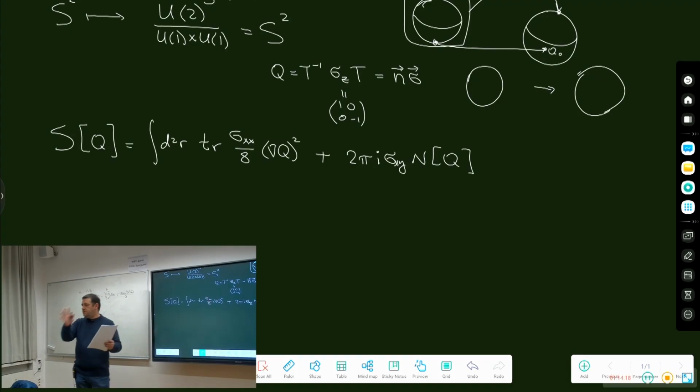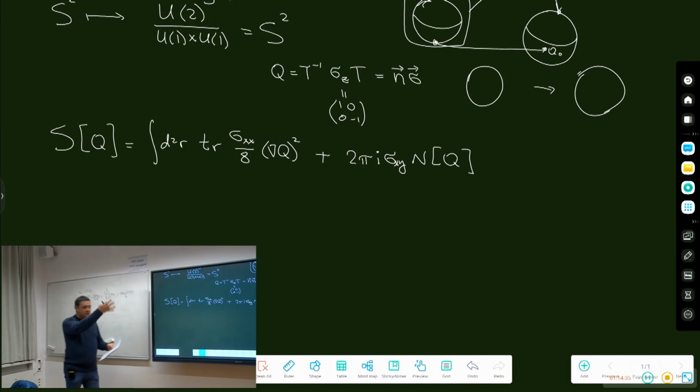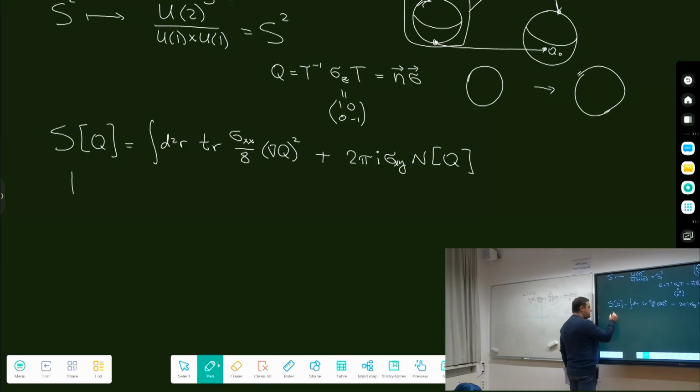Sigma xx was decreasing with increasing size, which is called localization. No two-dimensional metals. Everything is an insulator. We discussed this. Now we have two terms in the action, sigma xx and sigma xy. If we now do renormalization of this action, which Pruisken also did, what we get is a two-parameter scaling.